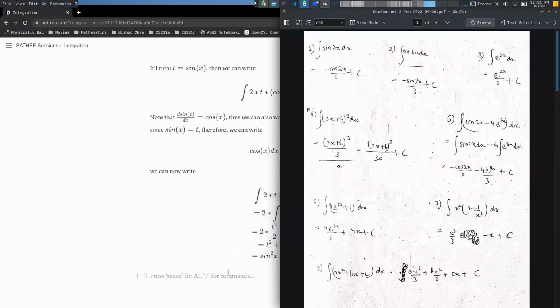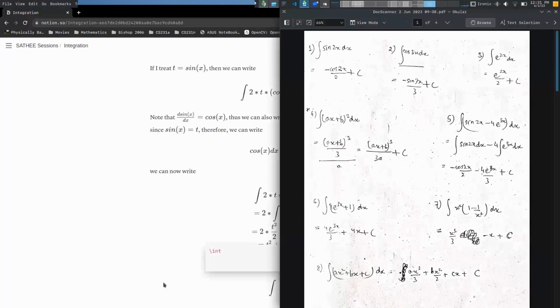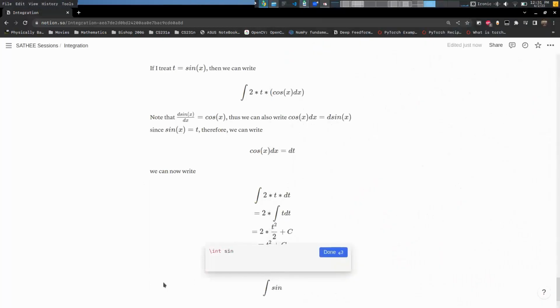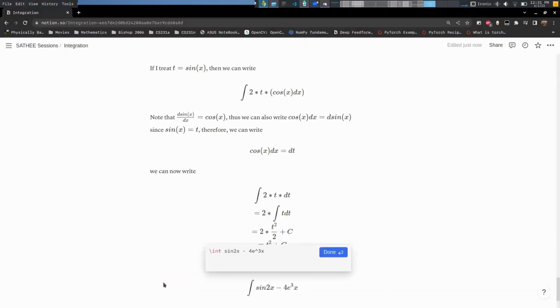So question number 5 from your NCERT, it would basically be this integral of sine 2x minus 4 e to the power 3x dx.